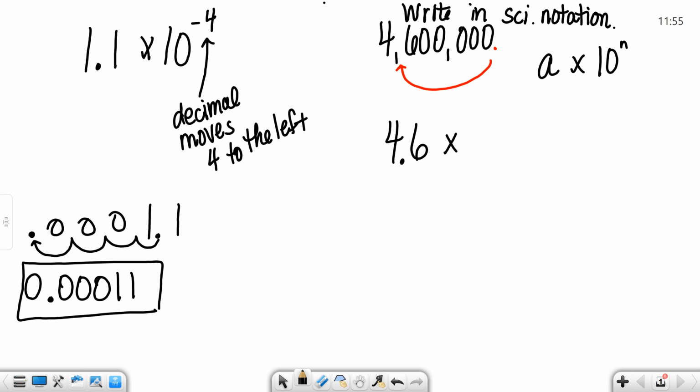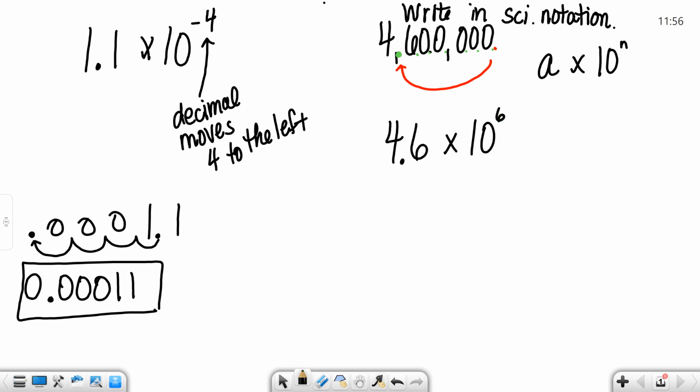4.6. All right, now I moved it way over there. If I wanted to express this as scientific and make sure that I can go back and forth, this would be 10 to the, I move it 1, 2, 3. Let me change to a different color and show you as I'm counting. Okay, it is here, which is 1, 2, 3, 4, 5, 6 spaces from where it originally was.